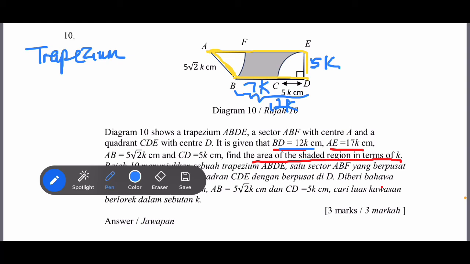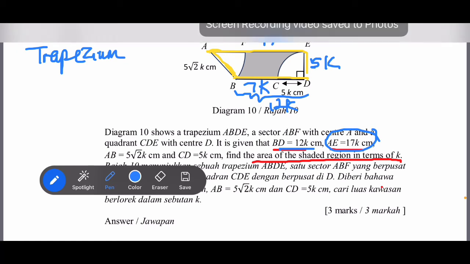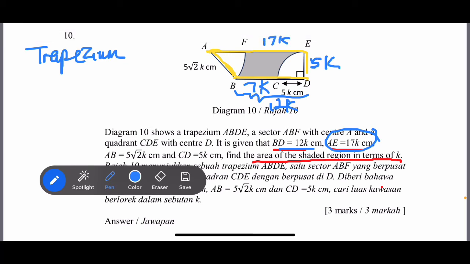Okay, so then AE also given is 17k, right? So now we are going to find the area. So we label the AE is 17k. Alright, there is a longer length. We have a shorter length, which is 12k. For the trapezium, we need these two lengths.